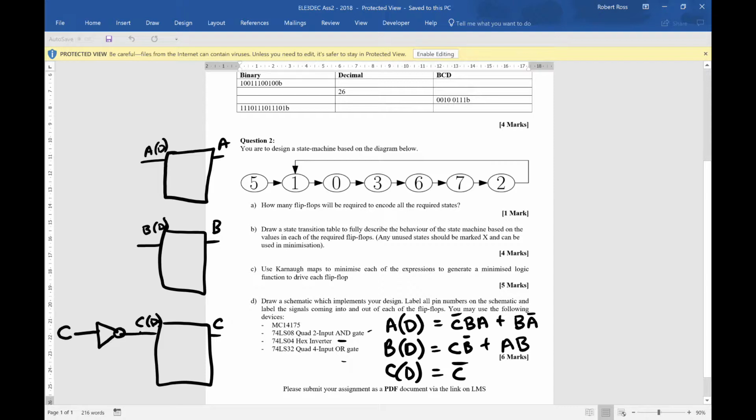We then have let's do this expression here. So we have an OR gate there. Sorry, an OR gate, the other one. And then feeding into that OR gate, we have two AND gates.